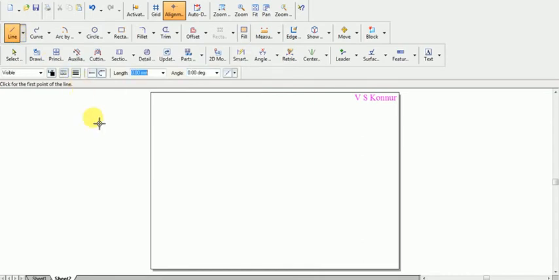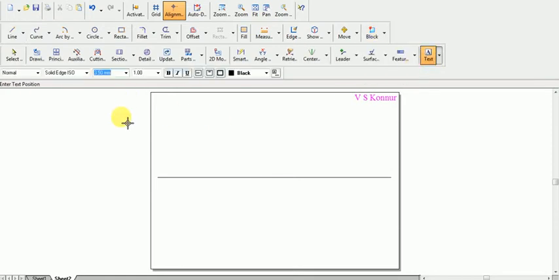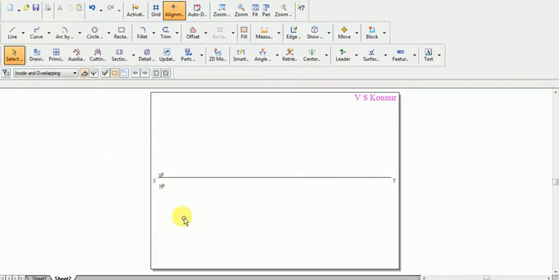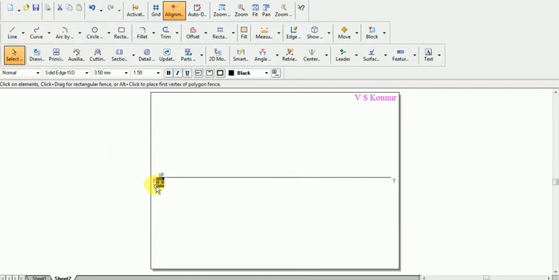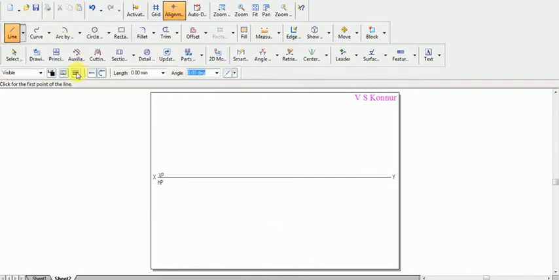Draw a line with 0.13. Line with 0.5 mm.